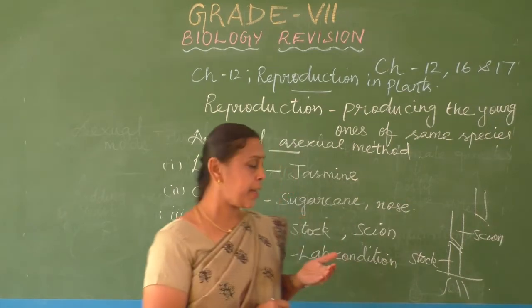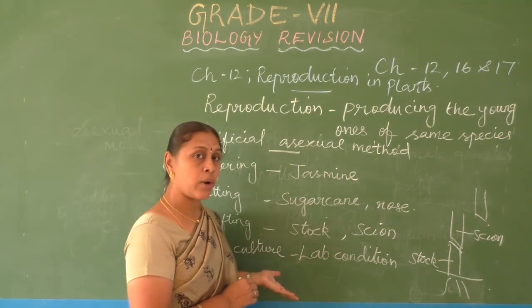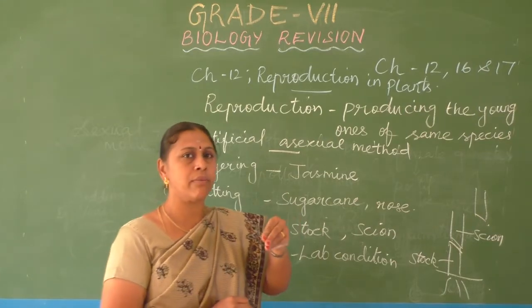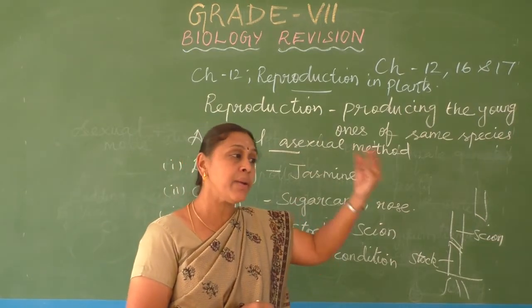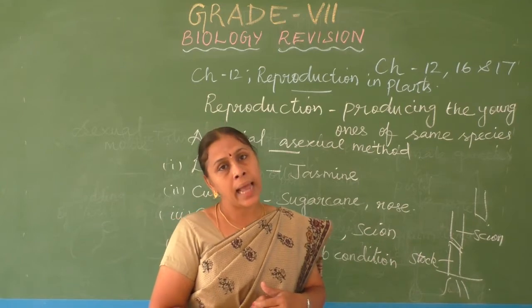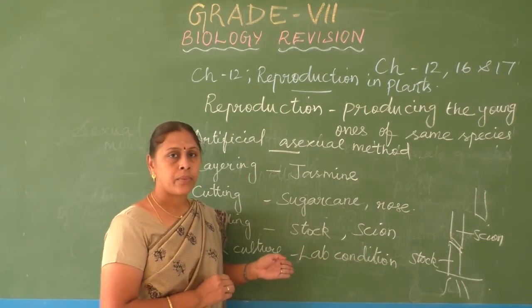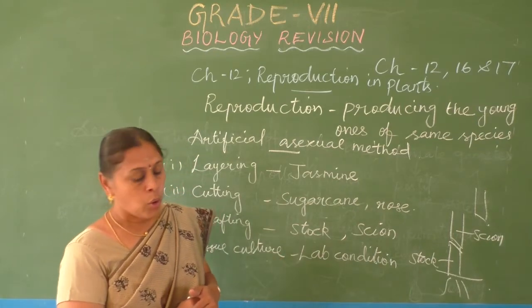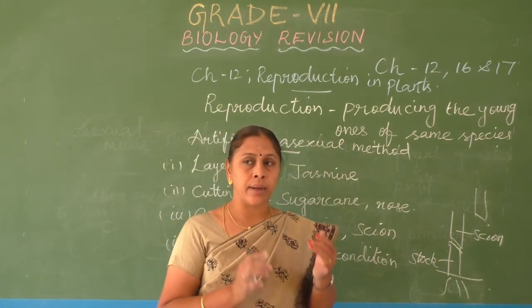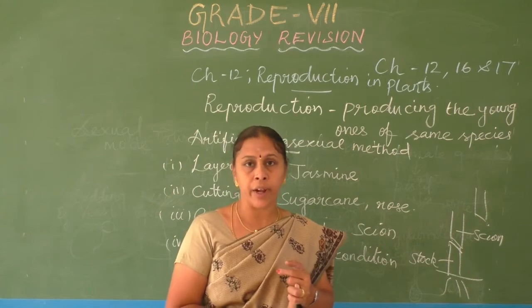Such a method of reproduction, in which a new plant is produced, is called tissue culture. A separate cell taken from a plant is allowed to grow in lab conditions; that is called tissue culture. So, I hope you all understand the asexual and sexual modes of reproduction.